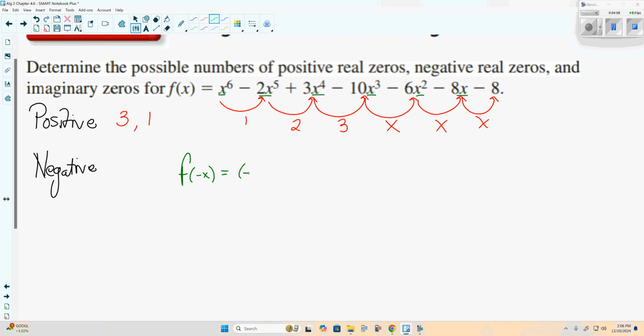So for our x to the 6th, it's going to be negative x to the 6th, minus 2 times negative x to the 5th, plus 3 times negative x to the 4th, minus 10 times negative x cubed, minus 6 times negative x squared, minus 8 times negative x, minus 8, because we have to replace every x in f of x with negative x.